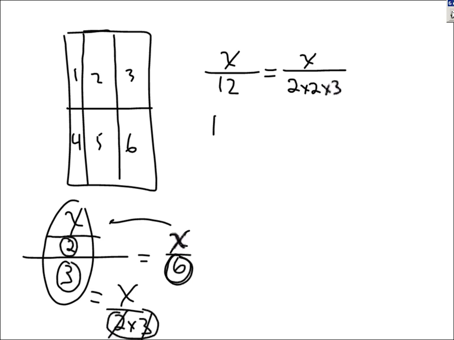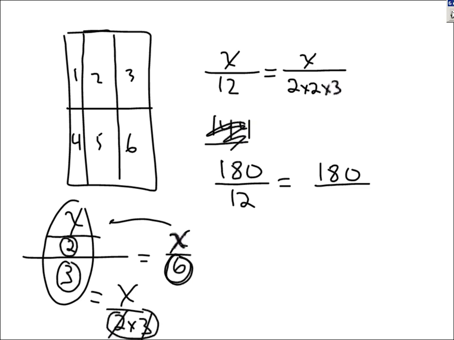If you didn't know what 144, let's use a different number, 180. If you didn't know what 180 divided by 12 is, and most people don't. Personally, if you ask me what 180 divided by 12 is, I would think this in my head.